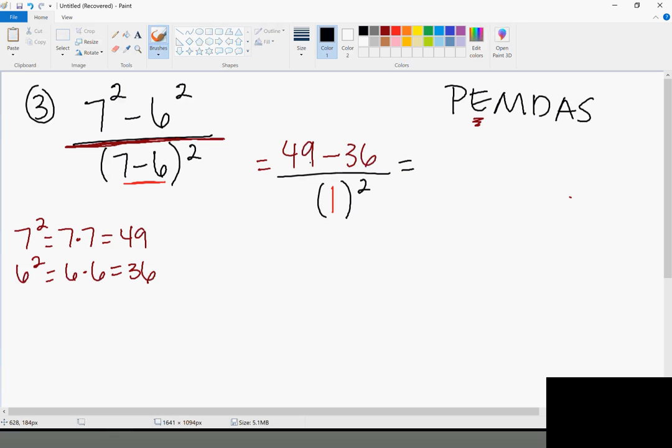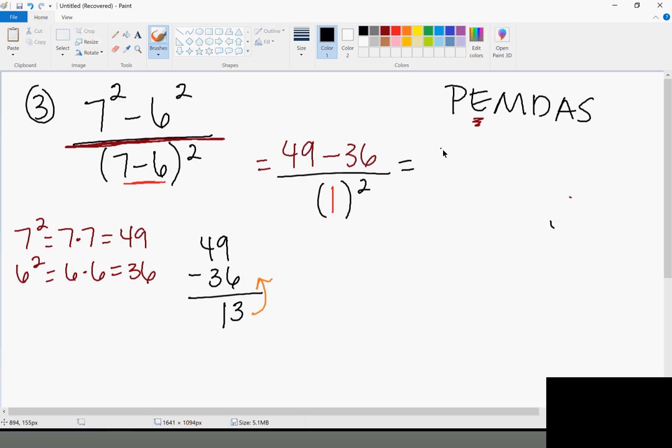Okay, so the top now, 49 minus 36, we line up like this, 9 minus 6 equals 3, 4 minus 3 equals 1. You can always double check your subtraction by adding back up to make sure you get your 49.